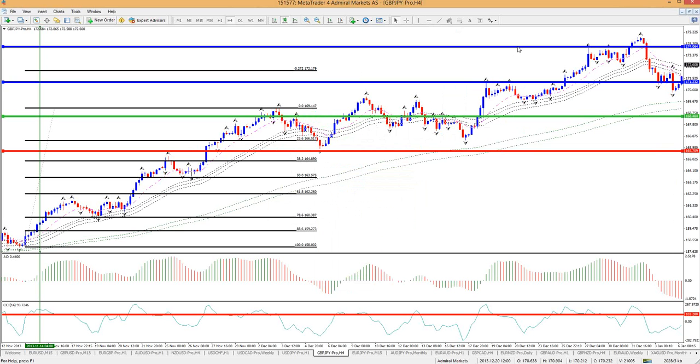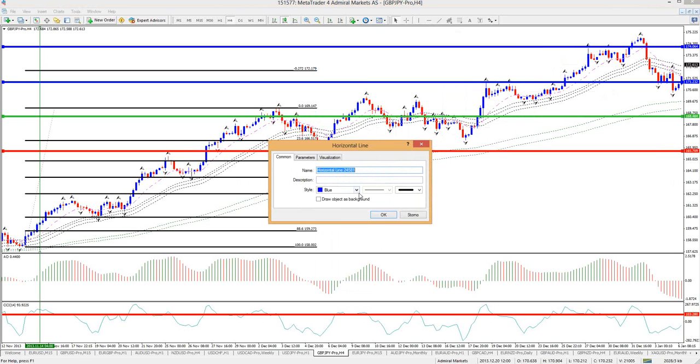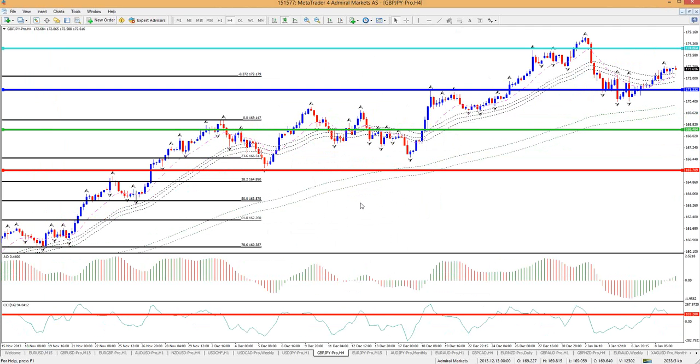That's here. And even a small chance for 3-to-1. So you can see, indeed, the first target we hit almost to the pip here.